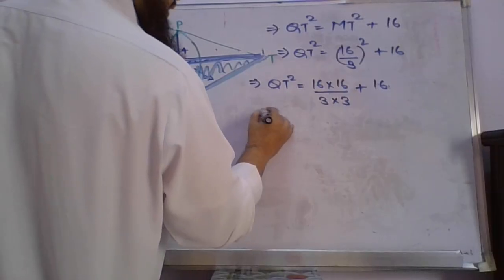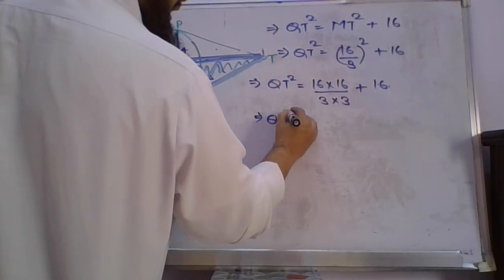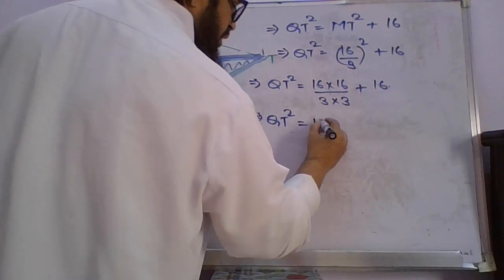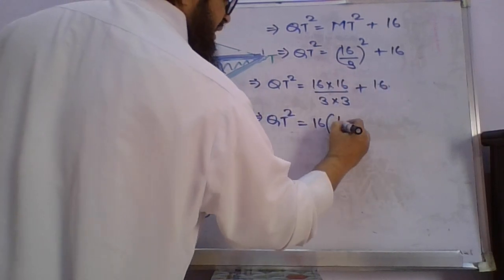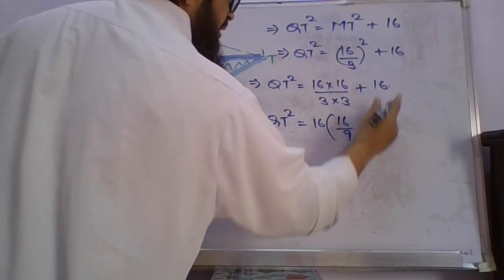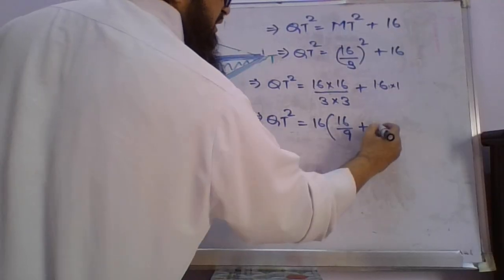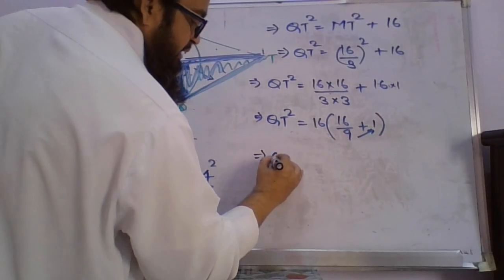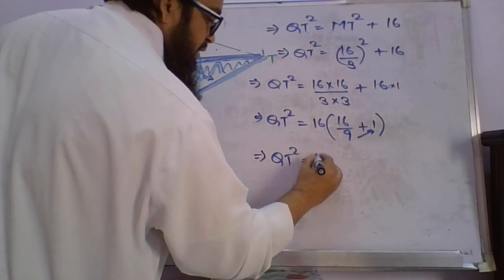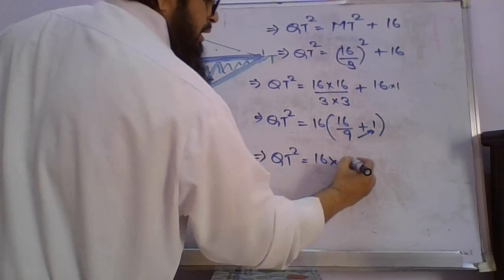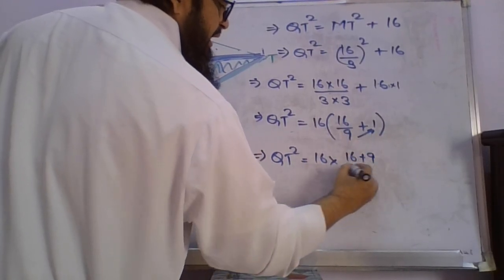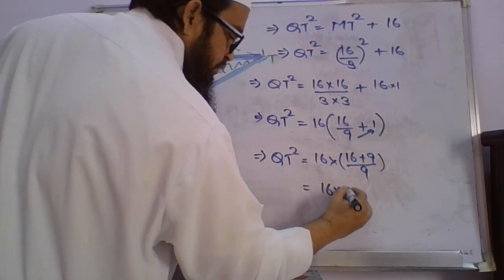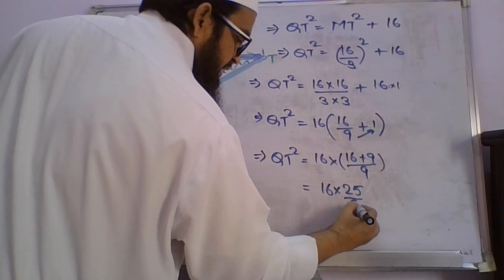You can do it anyway, but I love to do it by simplifying the numbers. So I'll take 16 common. If I take 16 common, what is left out? 16 by 9, and plus, when I take 16 common from 16, it will be 1. Take LCM. So that implies QT square is equal to 16 into 16 plus 9 divided by 9. So that is equal to 16 into 25 by 9.